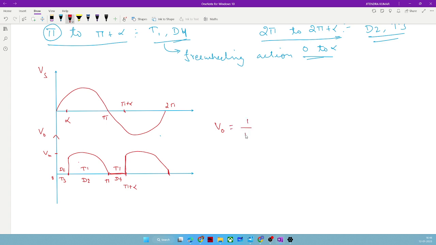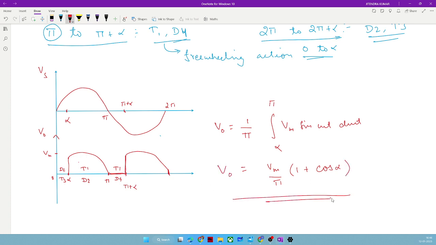Now that we have the waveform, we can easily compute the average value of this circuit. We will take only a pi period from alpha to pi, which is Vm sin omega t d omega t, which will come to Vm by pi times (1 plus cos alpha). If you integrate this, you will get the output voltage.